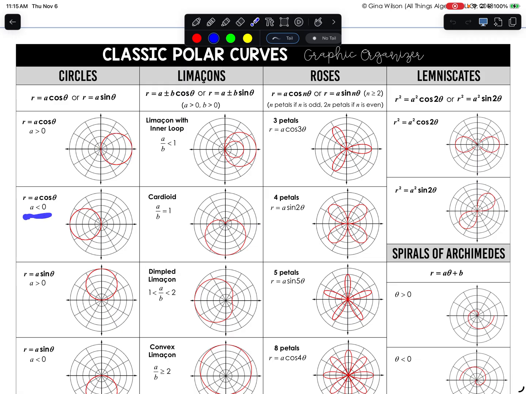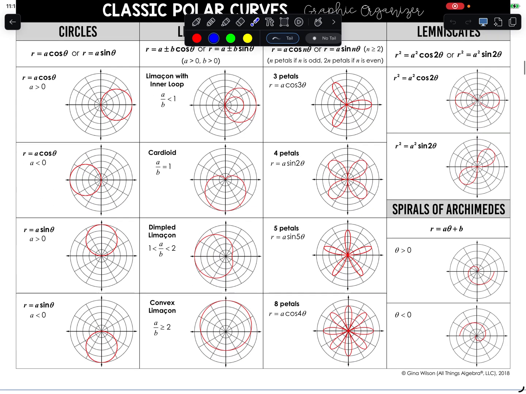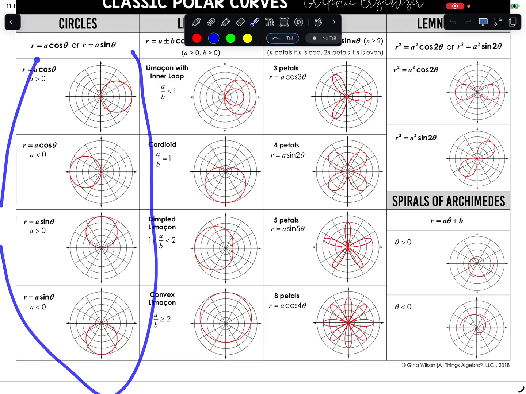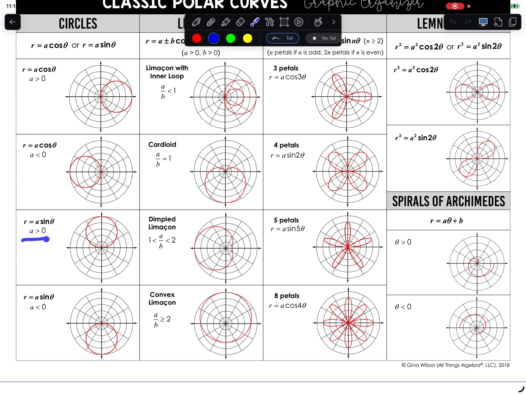If I do negative cosine, A is less than 0, it's going to be on the negative x, my graph. Then if I look at sine, all you need to worry about is these right now. Okay? So if I do sine, that's y, right? So I have positive y above the x-axis, negative y below the x-axis. So that'll help you once you start to do this so you know where your dots should be.